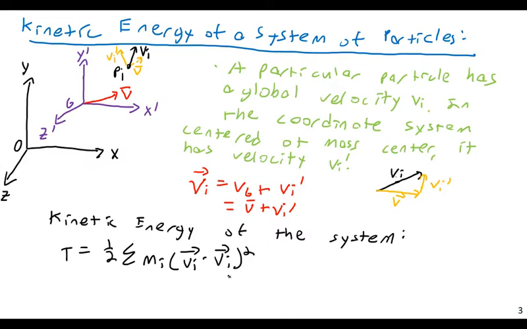We're used to seeing kinetic energy as one half mv squared, but if we want to use it in more of a vector form, it's the dot product of the velocity with itself, not squared. And that will produce a single number. The thing about kinetic energy is, is energy a scalar or a vector?